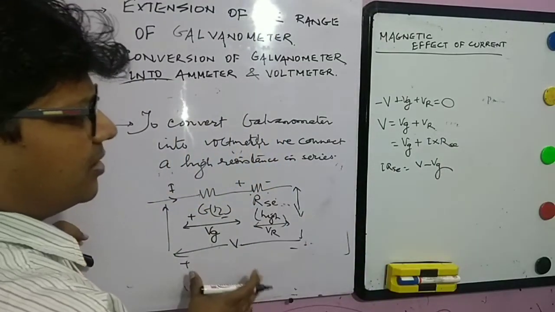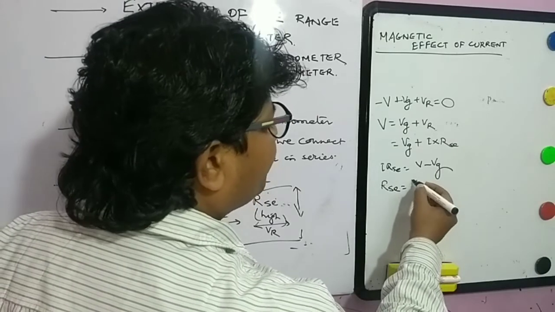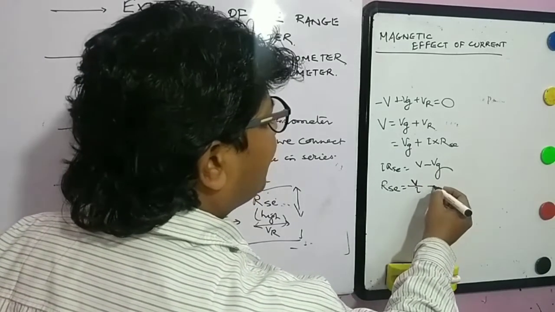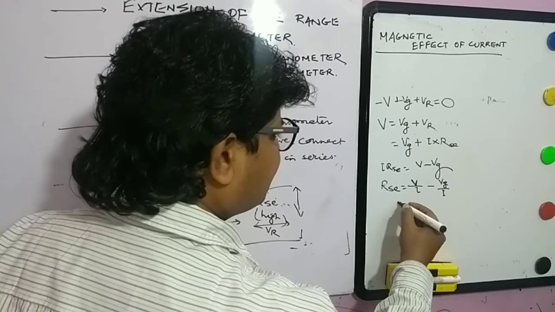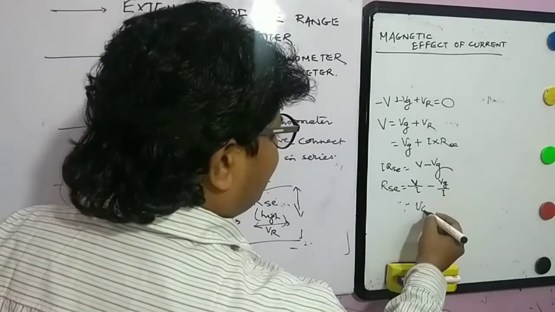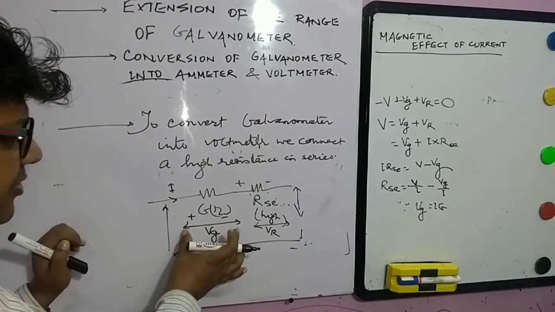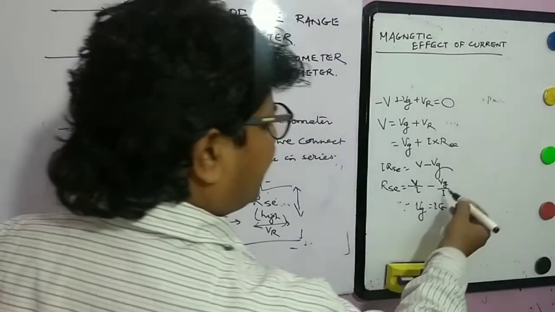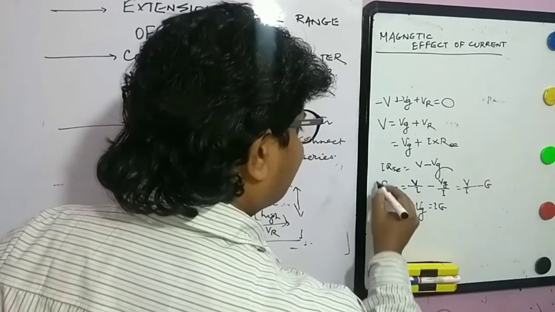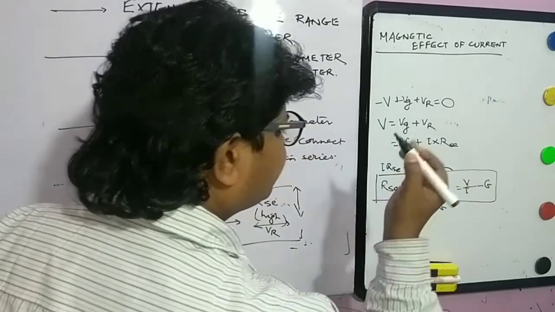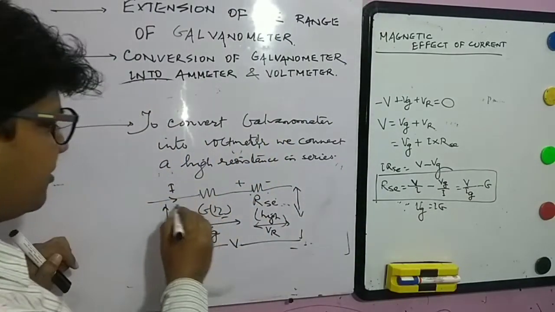This is the voltmeter reading, right? So RSE is equal to V by I minus Vg by I. And Vg is equal to I into G, the voltage drop across G. So we can write here V by I minus G. This is your galvanometer converted into voltmeter, and I is equal to Ig because the same current is flowing.